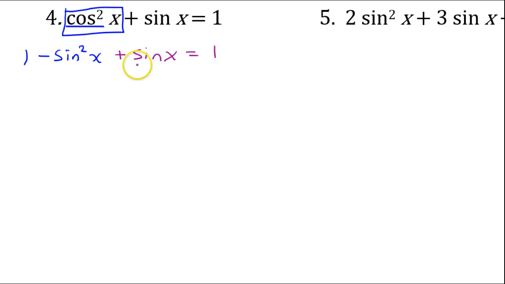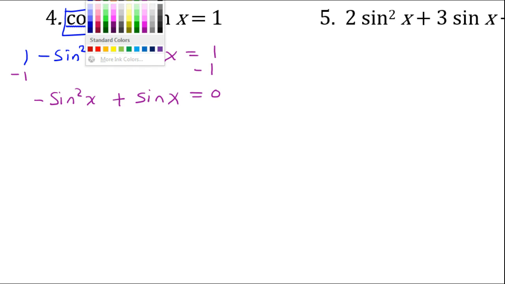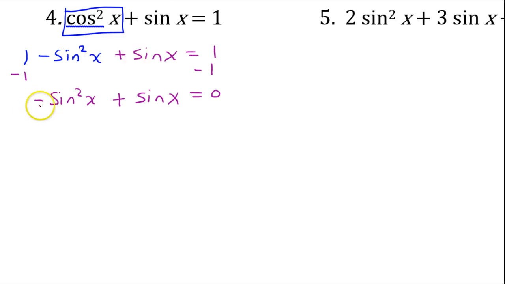So now I have all one type of function, all sine. I still need 0 on one side, so I would subtract 1 from both sides. That's going to give me negative sine squared x. These cancel out on both sides, so now I've got negative sine squared x plus sine x is equal to 0. Now when I'm trying to factor, I don't like having a negative in front if I can help it.